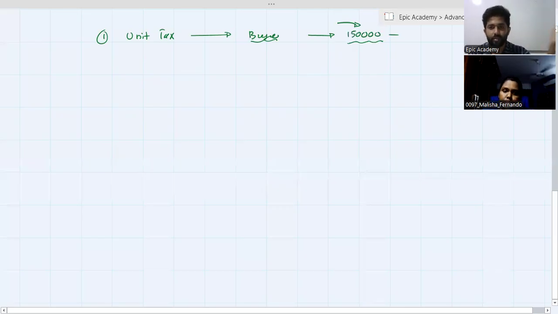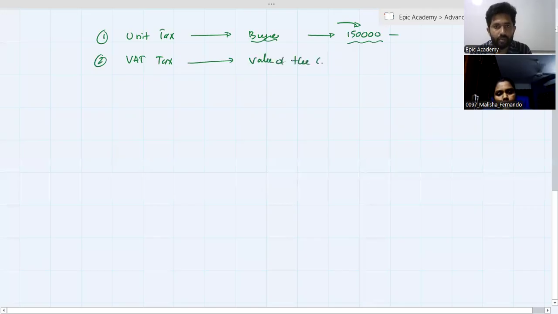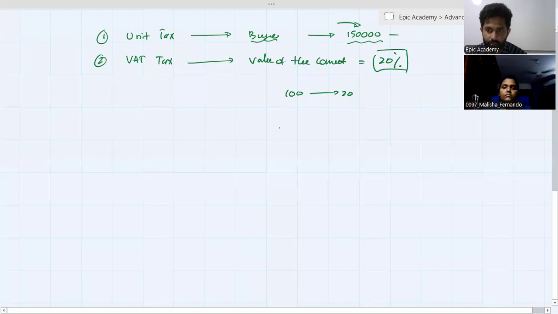Q means quantity. And the second one is ad valorem tax. We call it value added tax. This tax is based on the value of the commodity. As an example, just consider a 20% value added tax. If the value of the commodity is 100, you have to pay 20 rupees.